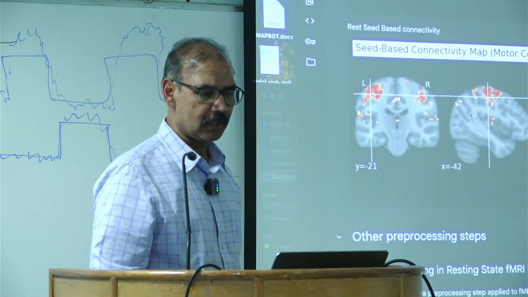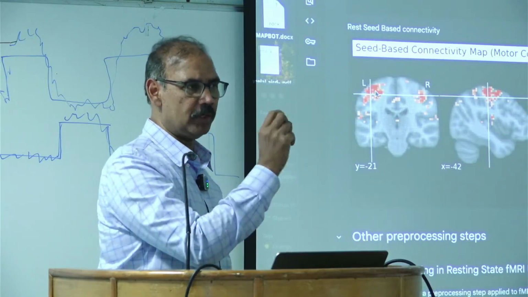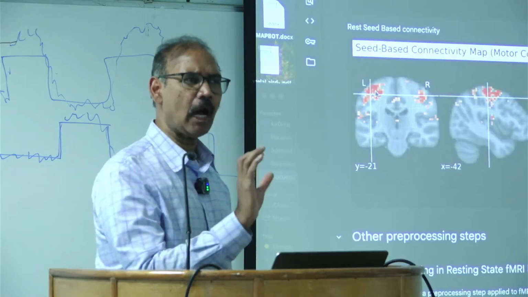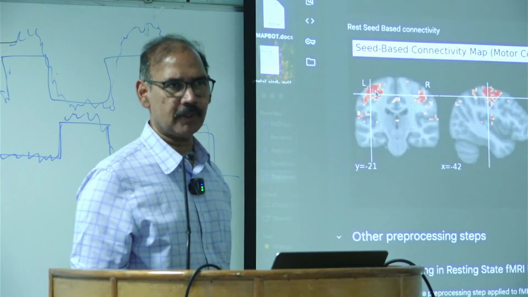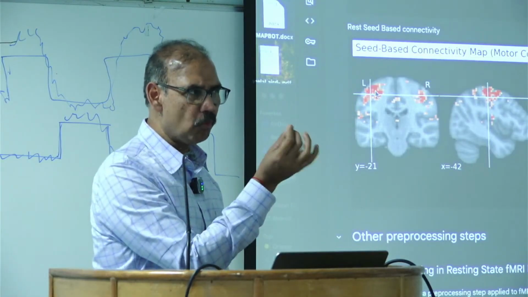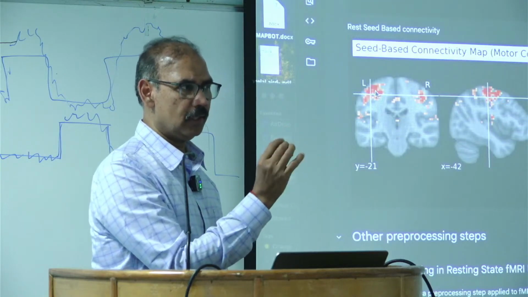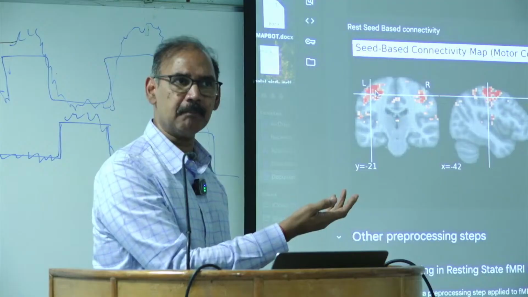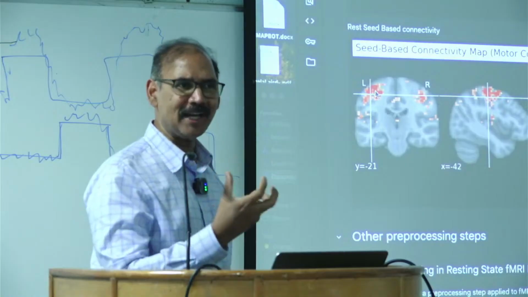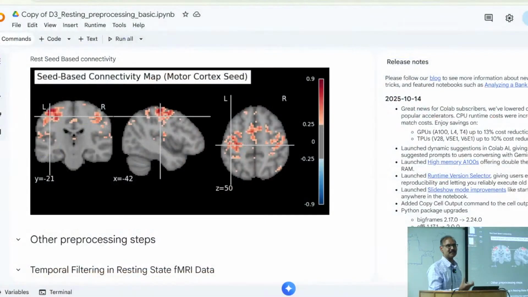So play with the coordinates, try to change a little bit here and there, and see how much variation you get. Move it by 1 voxel, and then see, are you seeing the same? I really want you to get an intuitive feeling about this connectivity. Again, this is on the raw data.